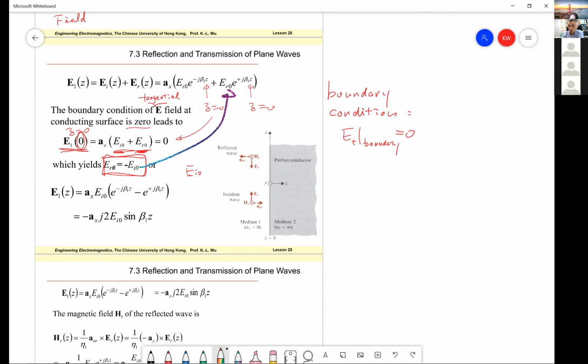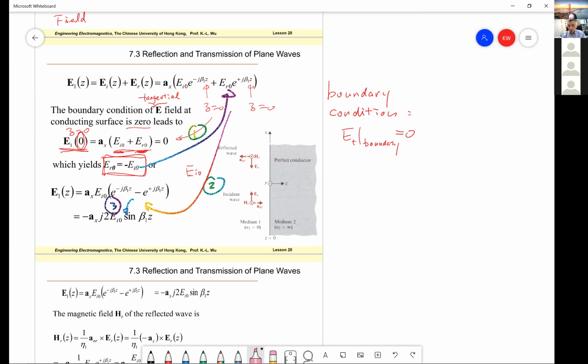Then we come to this, right? If you know the trigonometric function related to the exponential function, that equals this. That is the total field in medium 1. Now we get the solution.